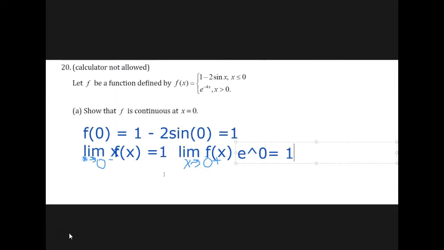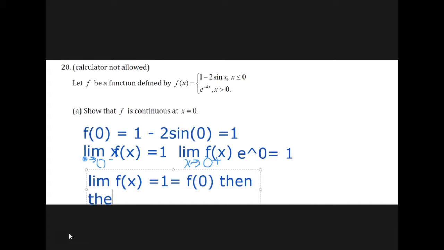So the left-hand limit equals the right-hand limit, which equals the function value. Therefore, since the limit as x approaches 0 of f of x equals 1 equals f of 0, the function is continuous.